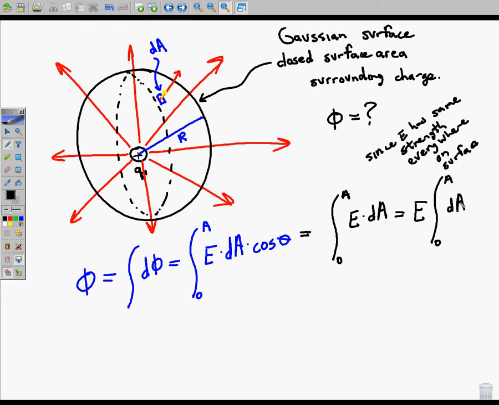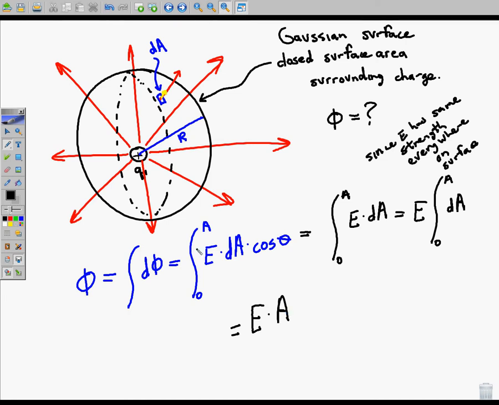But what's going to be the integral of 0 to a of that dA? That's just the surface area of the sphere. So this is going to just equal E times the surface area. Oh, and by the way, when you take an integral over a closed area, you put a special symbol right here. I should have done it starting over here.